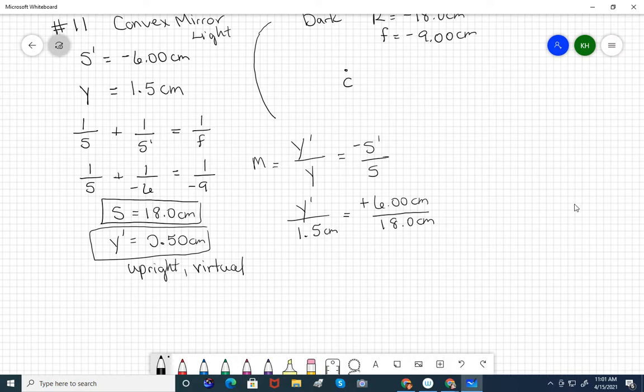I'm going to do a quick check, make sure we got all those right. "18 centimeters from the vertex, 0.5 centimeters tall, upright, and virtual." We got it perfectly right.